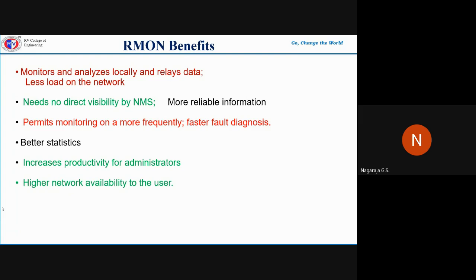So these are some of the major benefits you get from RMON. It is common for RMON 1 and RMON 2. In addition to these things, we have well-defined, authenticated security aspects in the case of RMON 2.